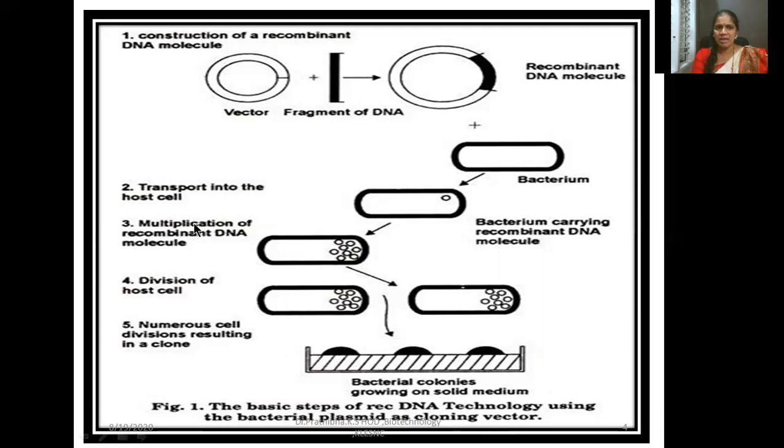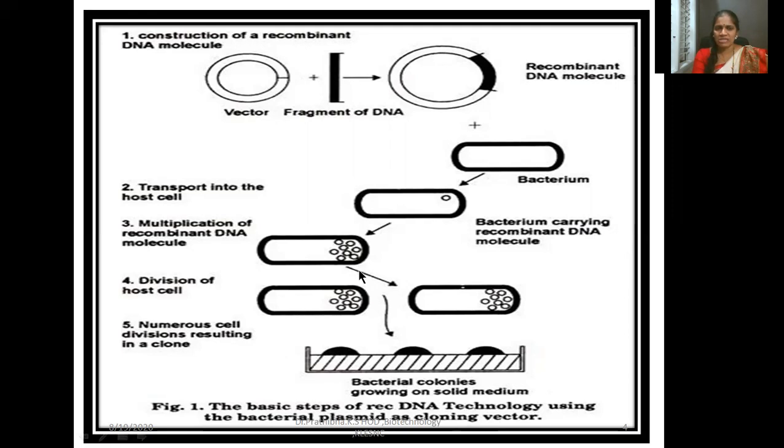Then step 3, multiplication of recombinant DNA molecule. Once you introduce it, this recombinant DNA molecule faithfully will replicate in the presence of the other bacterial host DNA and plasmid DNA.